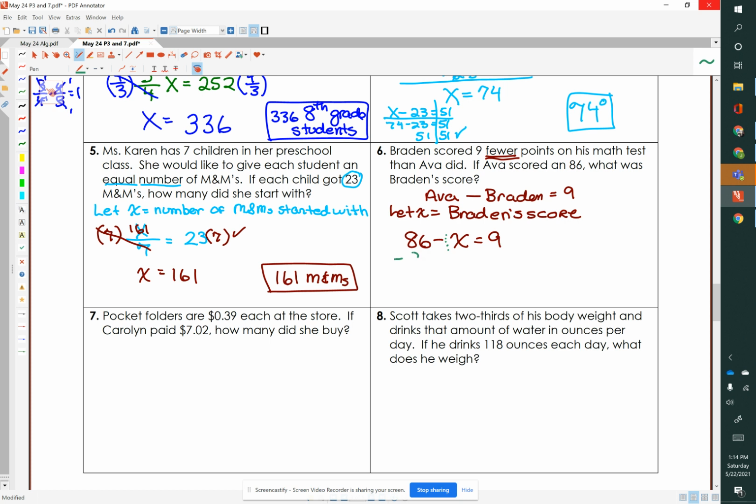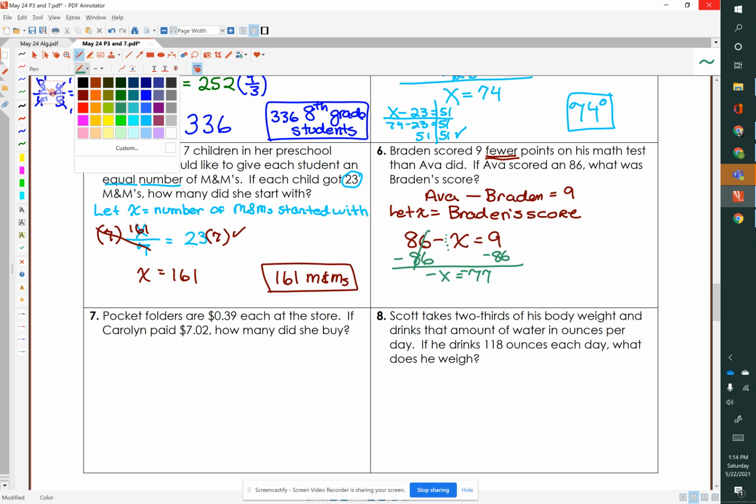So first we're going to subtract the 86 from both sides, which will give us negative X equals negative 77. Now all we need to do to get this X isolated and get it to be positive is to divide by negative 1.